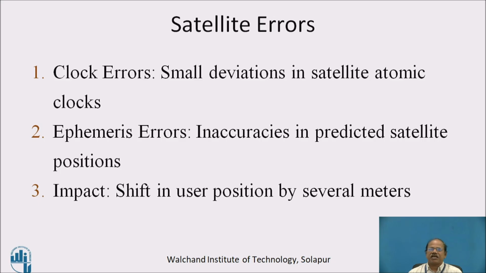Ephemeris error is the inaccuracies in predicted satellite position. You know that the satellite keeps on transmitting a message in which its position is also encoded. However, this encoded position itself might have got certain errors, which ultimately will be read by the user's handset, and accordingly the positional inaccuracies or errors will result.